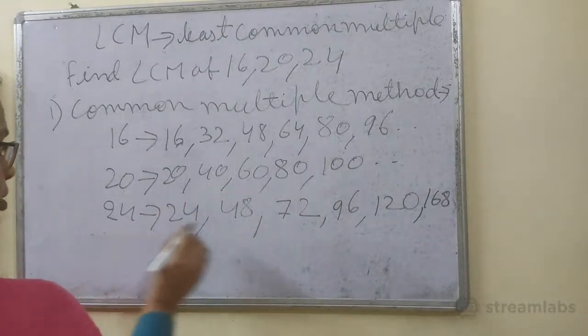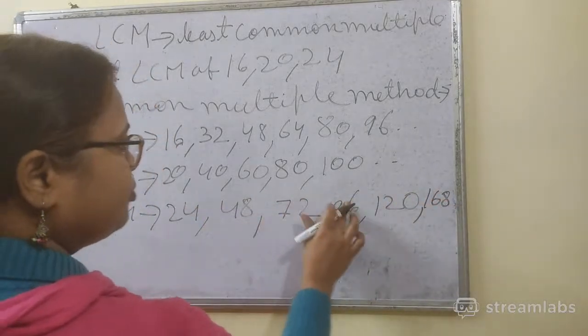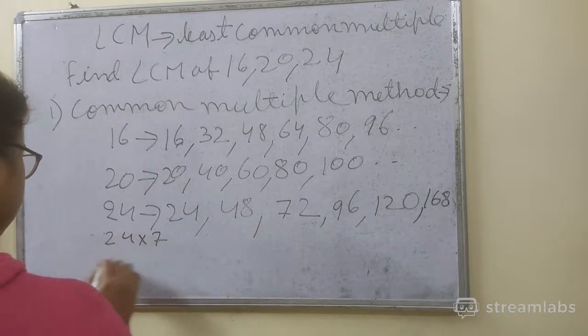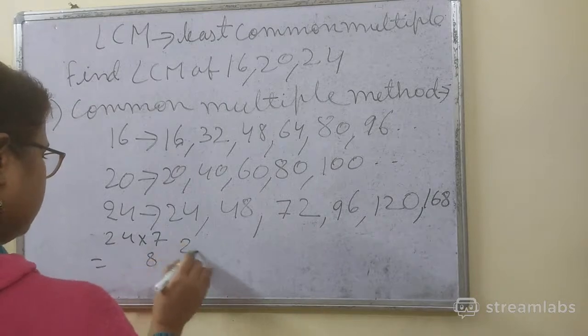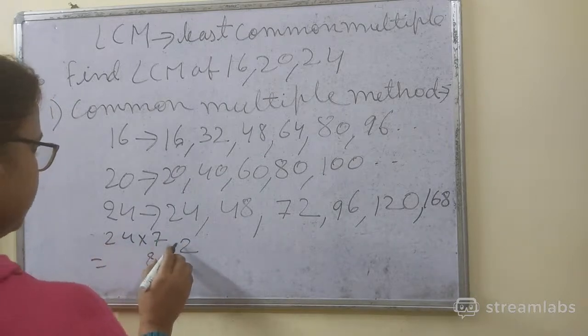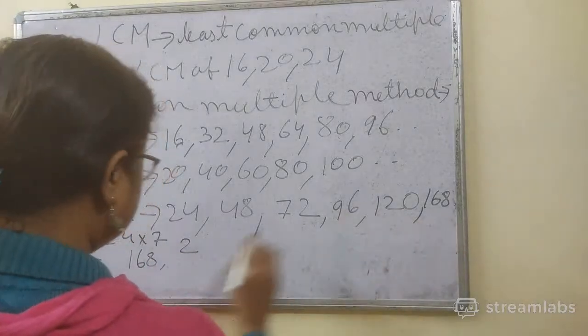So again take 1, 2, 3, 4, 5, 6. Now 24 7s: 7 4s are 28, then 7 2s are 14, 15, 16, 168. 168 I have written here.